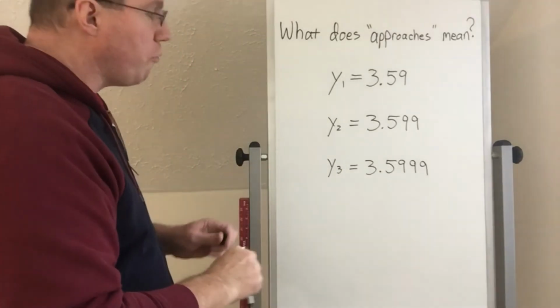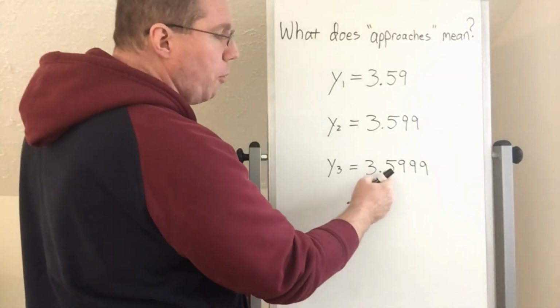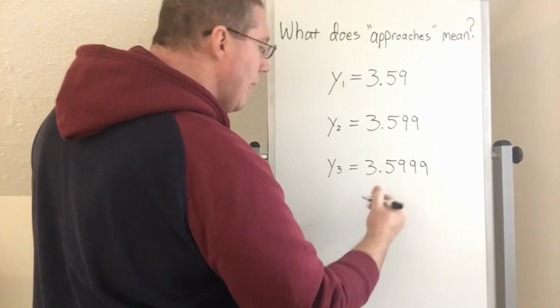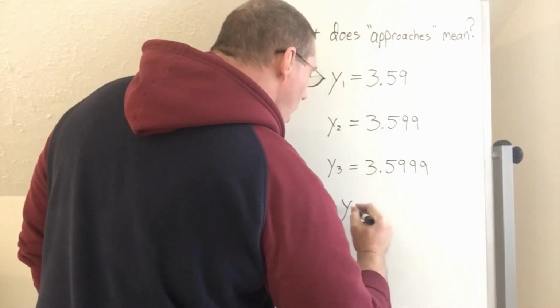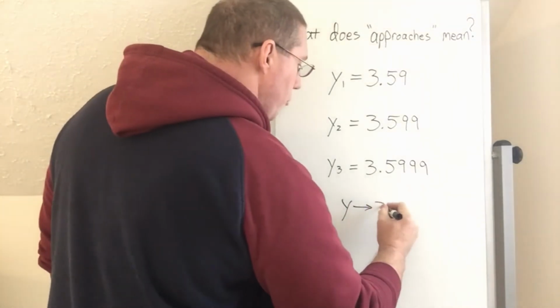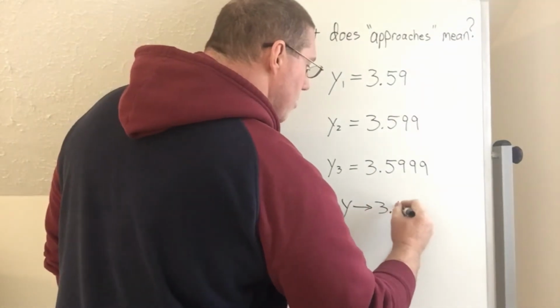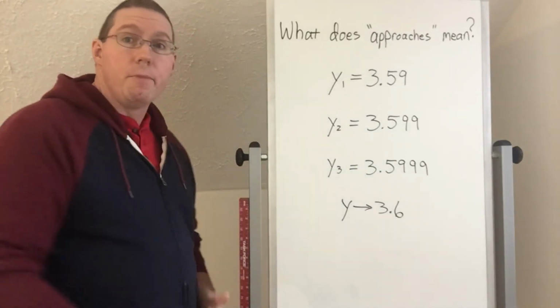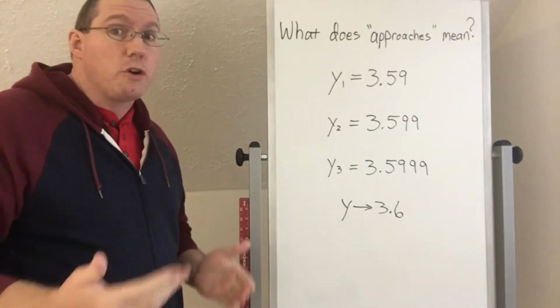And so since it's not like we're getting to 3.9999, it's 3.5999, okay? It looks to me that what y is approaching in this particular situation is 3.6.